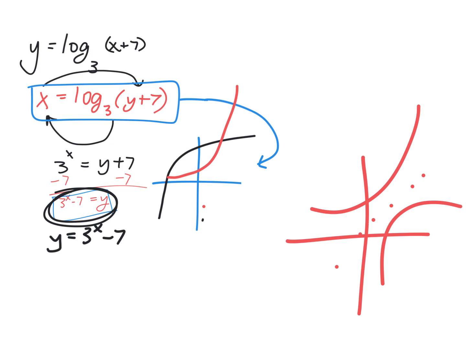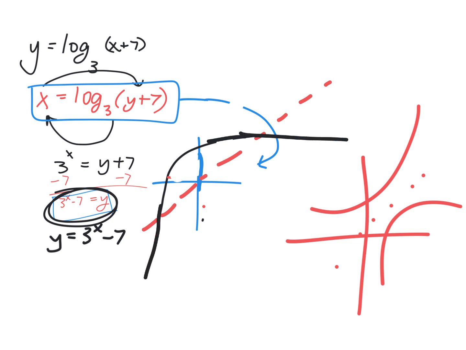But if you take the black one and you say, where's the line y equals x? It's right here. And now I have to do a reflection across that line.